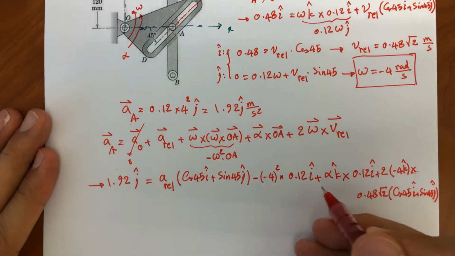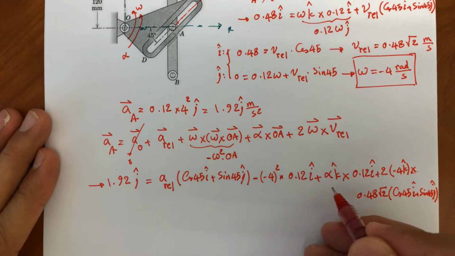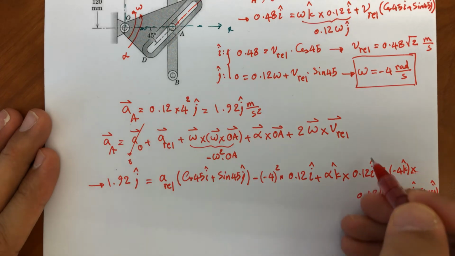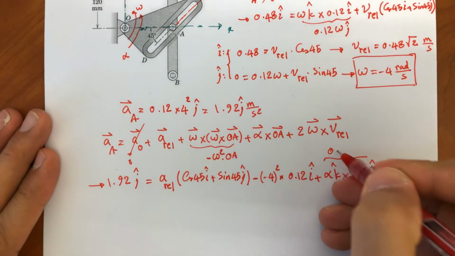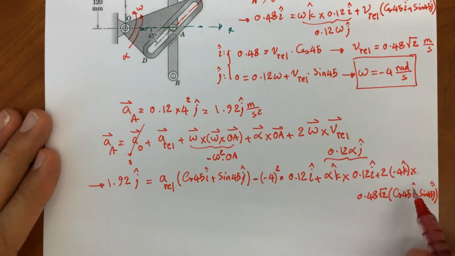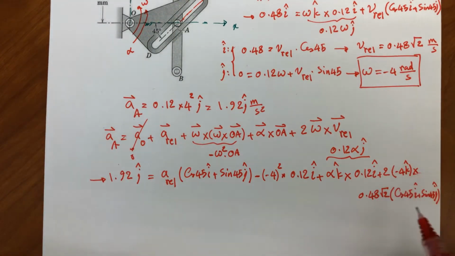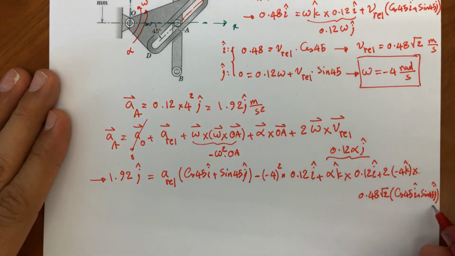So let's do all of them together. This is going to be this part. Let's write it here. K cross i is j, so I'm going to have 0.12 times alpha in the j direction. And this part, 2 times omega cross v rel. We have k cross i is j, so this part, including this.